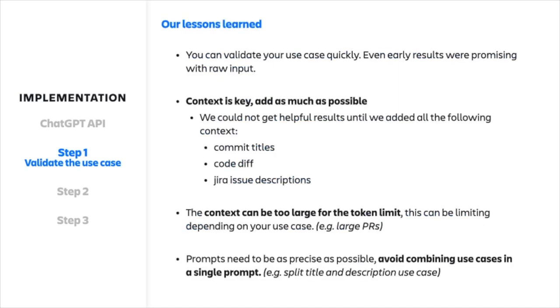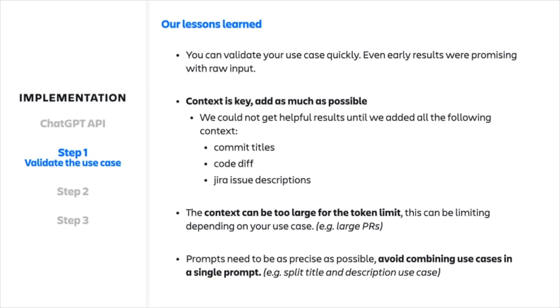So our lessons learned as part of this step one: you can validate your use case quite quickly. Even early results that we had with really raw input were actually pretty good. But context is really important, as I mentioned earlier. Add as much as possible. We really couldn't get helpful results until we added items like commit titles, code diff, and the JIRA issue descriptions, for the reason I mentioned earlier.